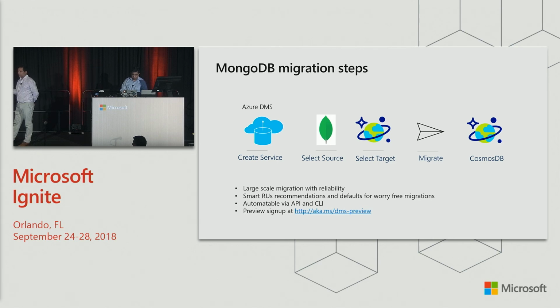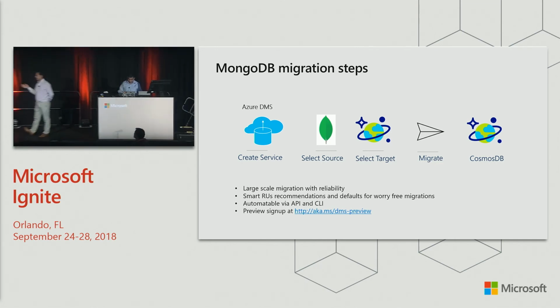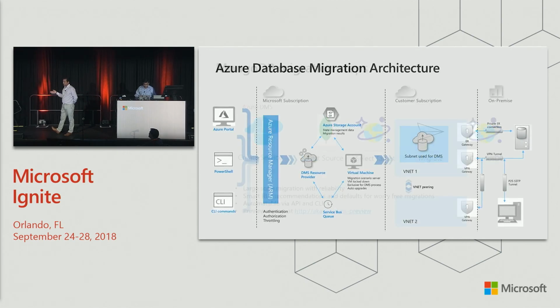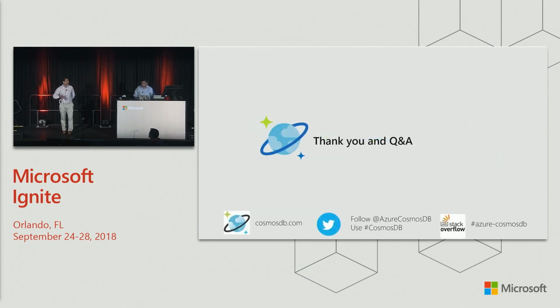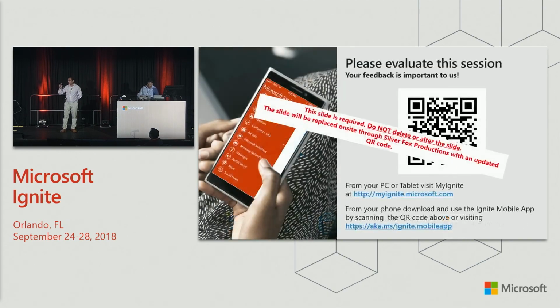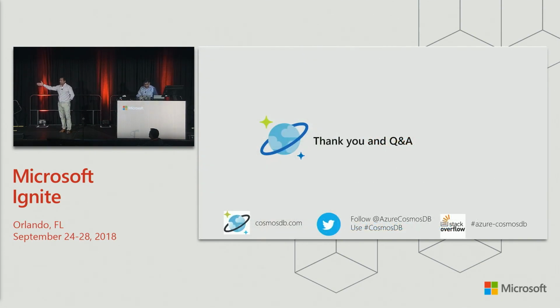So it's not just document migration. Schema movement as well. It also smartly figures out what indexes it doesn't need to migrate, because Cosmos DB auto indexes everything by default, so you don't need some of the indexes on the target.